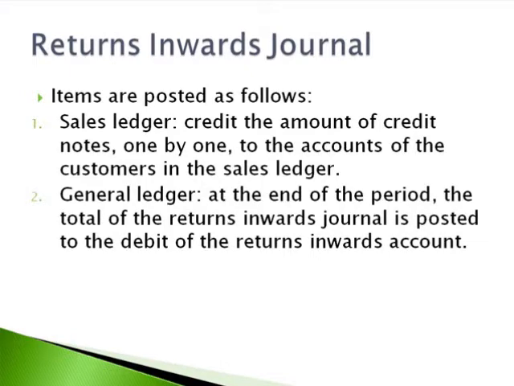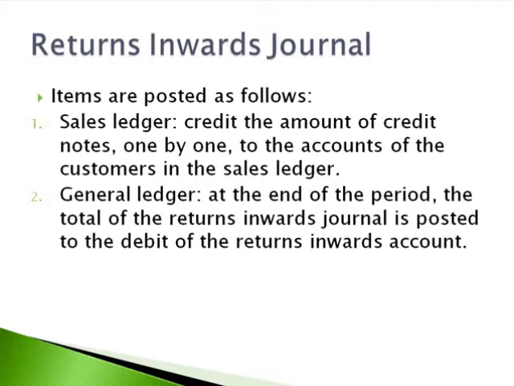Ledger: credit the amount of credit notes one by one to the accounts of the customers in the sales ledger. That means you are going to place returns inwards under the customer's account in the sales ledger, and you write the amount that is on the credit note that is being returned.